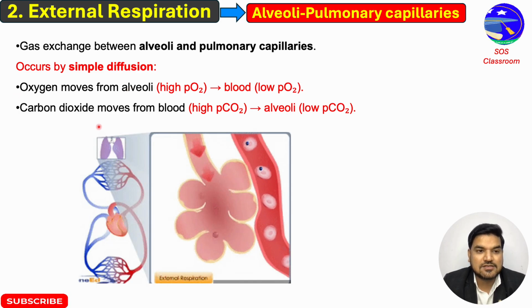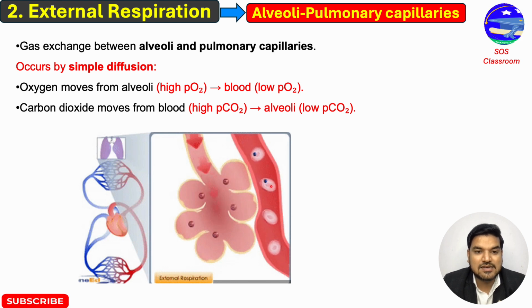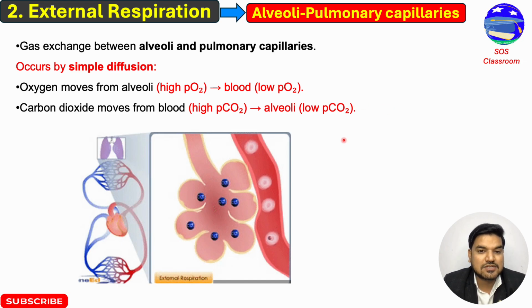Next, the same process occurs with carbon dioxide. In the pulmonary capillaries there is high PCO2, meaning the partial pressure of carbon dioxide is high, and in the alveoli the partial pressure of carbon dioxide is low.